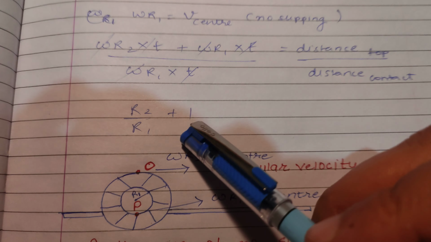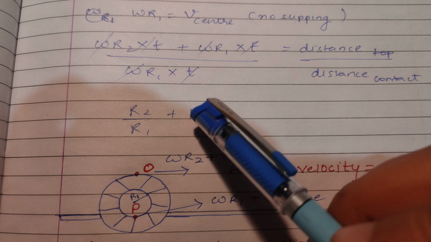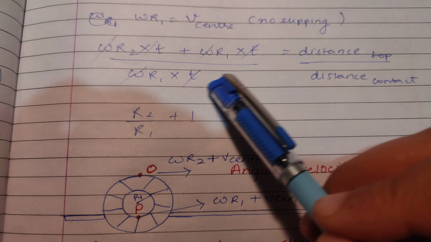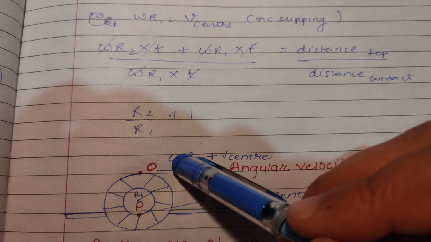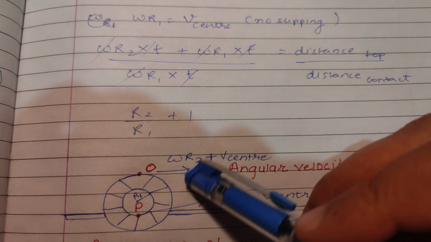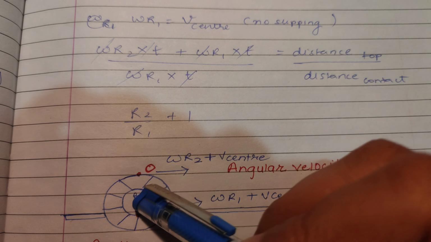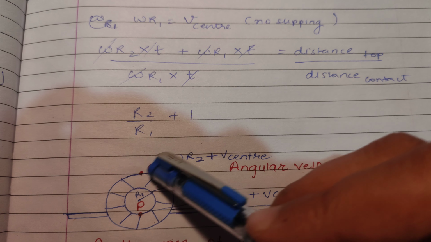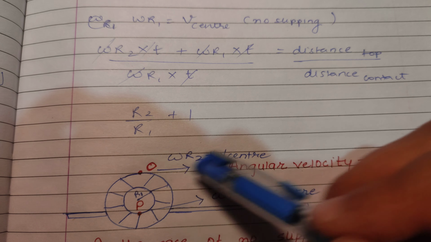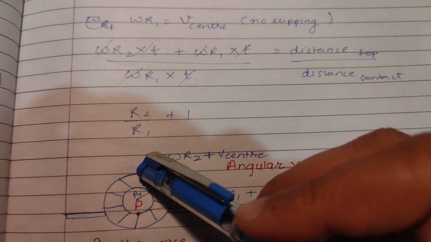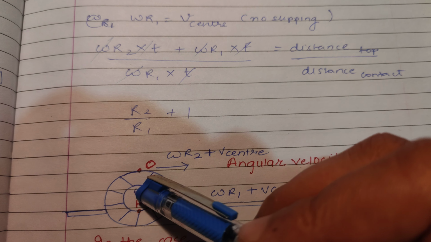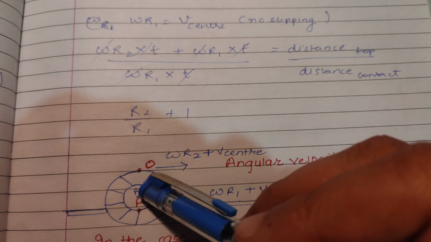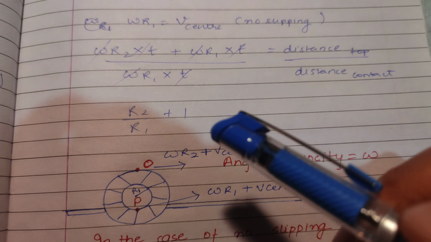What is left is just r2 upon r1 plus 1, and this gives us the ratio of the distance that an object placed at point O can move to the distance traveled by the center of the spool, right?